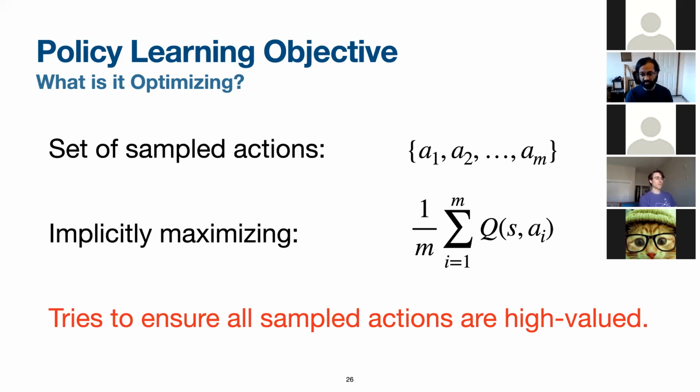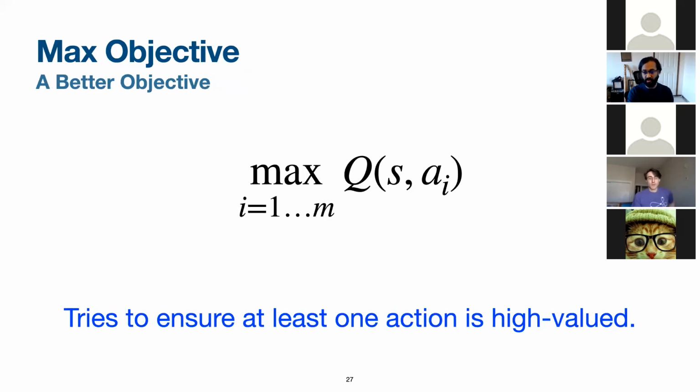This ignores the fact that these actions are going to eventually be used in search, which will have some improvement over these actions. We instead propose that we train a candidate generator by optimizing for the max of the actions at any state. This ensures that only at least one action need be high valued.